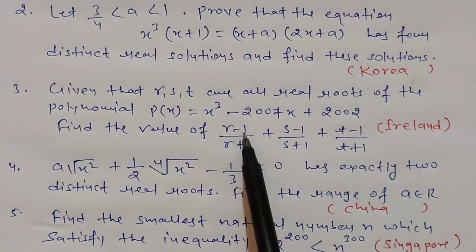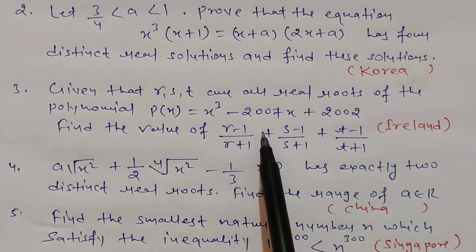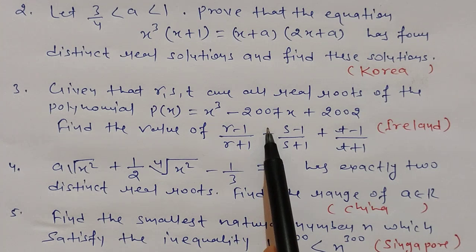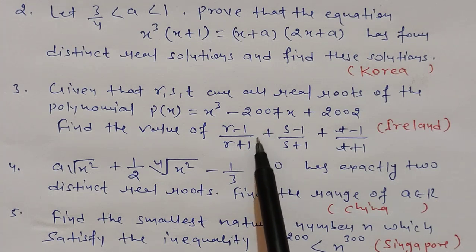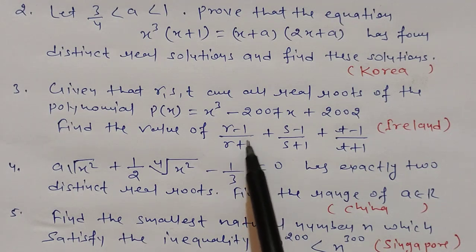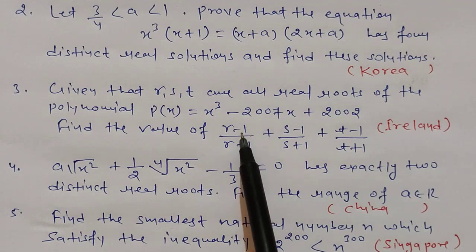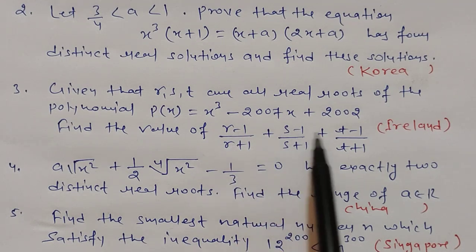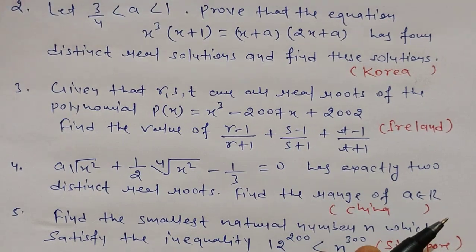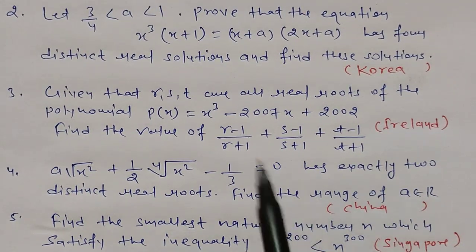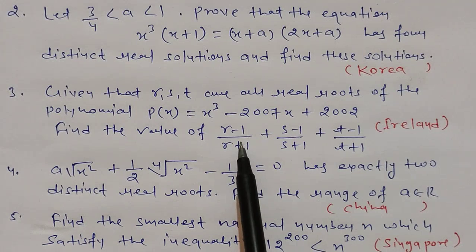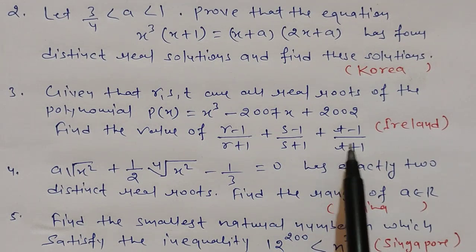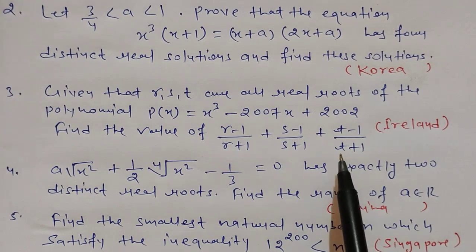So (r minus 1)/(r plus 1) plus (r plus 1)/(r plus 1), so the 1 and 1 will cancel out. Now we can use the addition of 3, meaning 1, 1, 1, and minus 3 for all the terms.